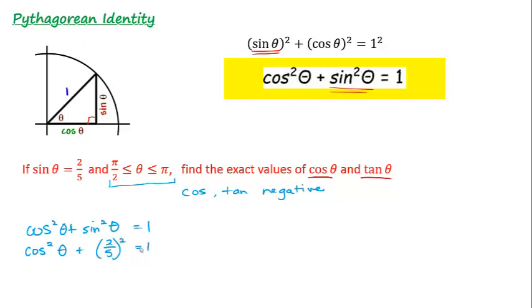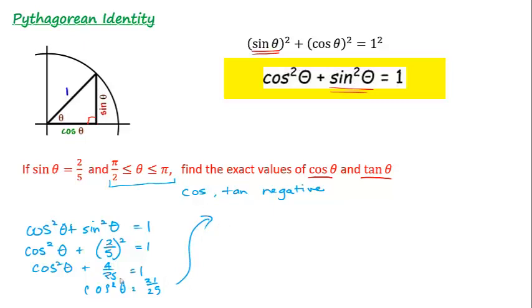Now I can rearrange and solve for cos. So cos squared theta plus 4/25 is equal to 1. I'm going to subtract 4/25 from both sides to get cos squared theta is equal to 21/25. I'm running a little bit out of room here, so I'm going to continue up here.